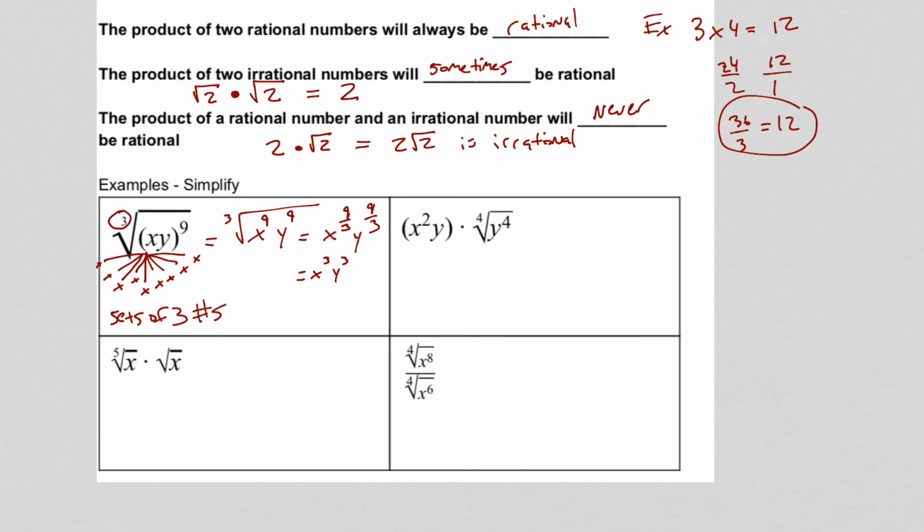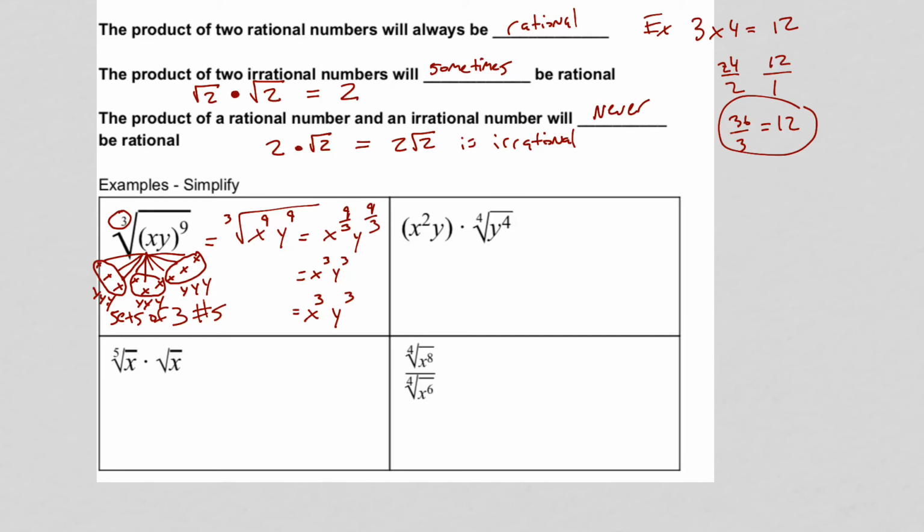So I'm looking for sets of 3. Well, there is one set of 3. There is another set of 3. There is another set of 3. So coming out of this cube root, it's going to be x and 3 of them. 1, 2, 3 sets. And you can see very easily that y is basically to the 9th as well. And so you would wind up likewise with 3 sets of y. So I hope that helps seeing both ways.